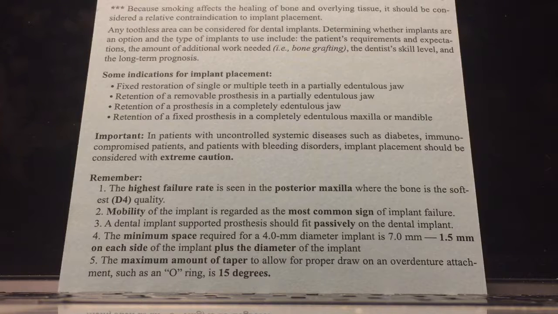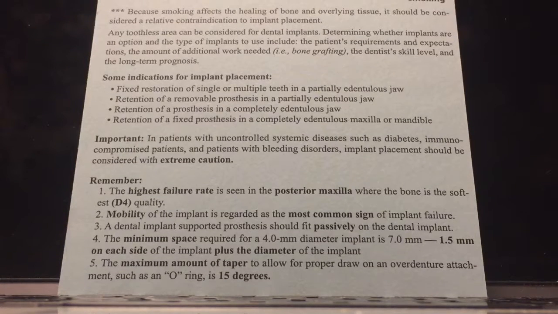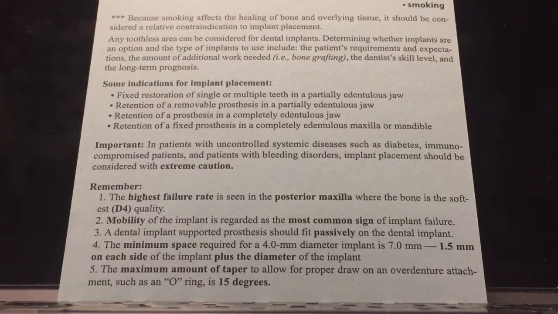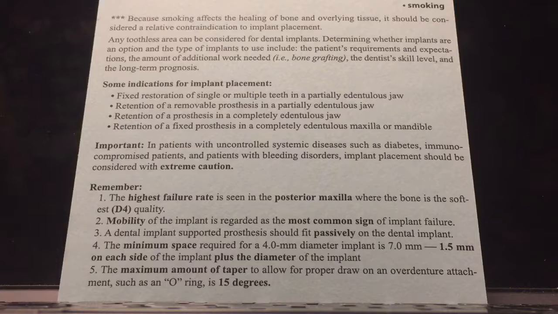Some indications for implant placement: number 1, fixed restoration of single or multiple teeth in a partially edentulous area. Number 2, retention of a removable prosthesis in a partially edentulous jaw.